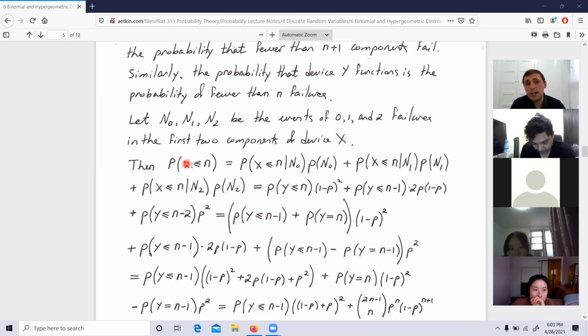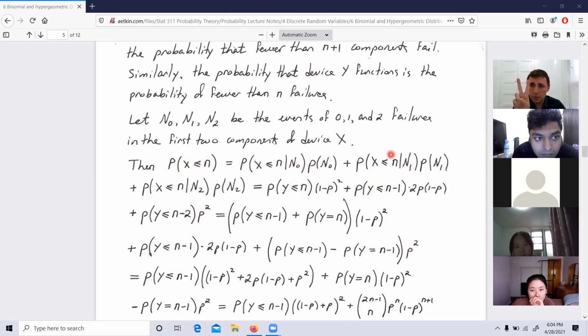And so I break it up like this. So the probability that X is less than n is the probability that X is less than n given N0, times the probability of N0. That means the probability of none of the first devices failing, plus the probability X is less than n given that one of the first two components failed.